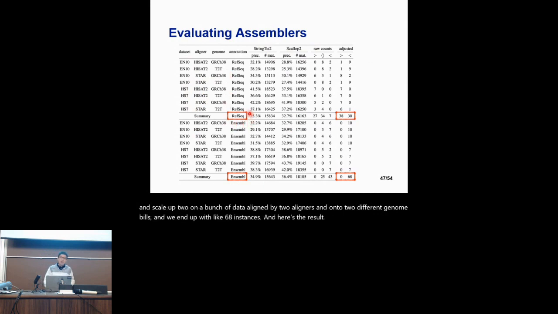When we evaluate them using RefSeq, it's 38 to 30, so StringTie2 is better. But when we evaluate them using Ensembl, it's 0 to 68, so Scallop2 is better. This is quite interesting, right? Because opposite conclusions come up when we use different annotations to evaluate those assembly methods.